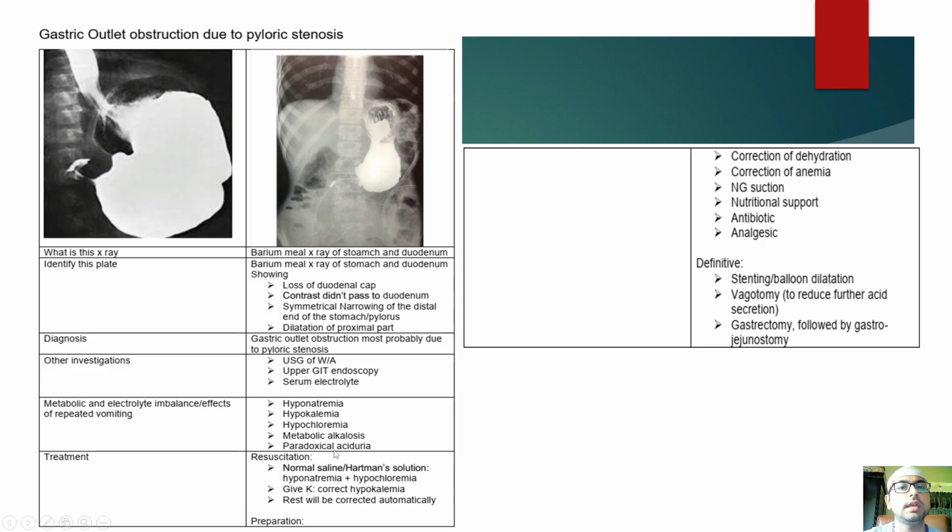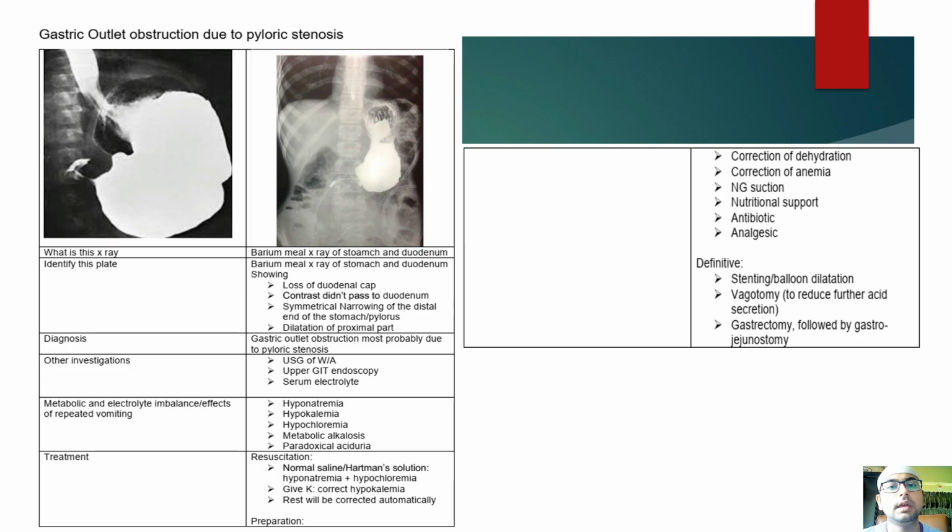But why paradoxical aciduria? Because the renal system will try to compensate this condition. Due to loss of acid, the kidney will try to create more bicarbonate production to compensate.